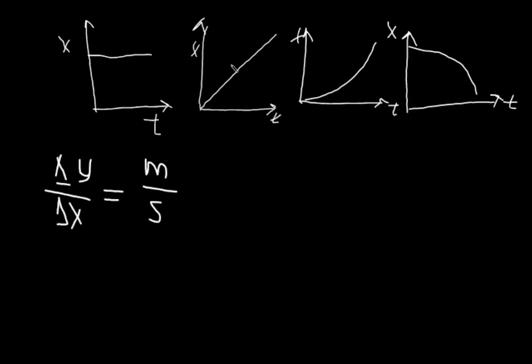This graph here has a constant slope, so it's moving at a constant velocity, whereas for these graphs you would take a tangent line, for example something that kind of runs to it like that, and you would do it at every single point on the graph, and you would see that here it's becoming steeper and here it's slowing down. So see if you can draw me a velocity versus time graph for each of these.